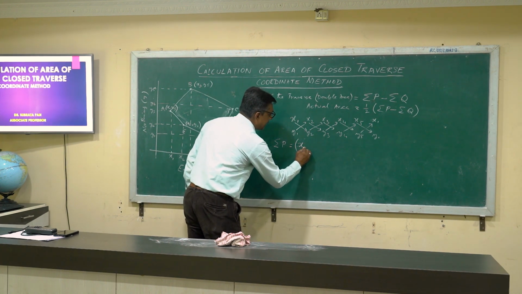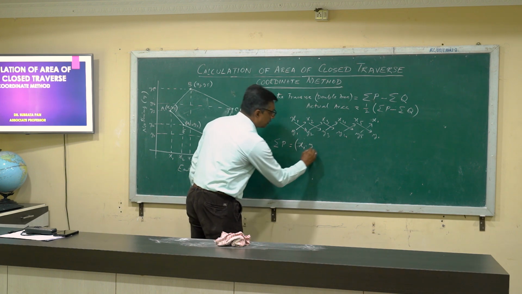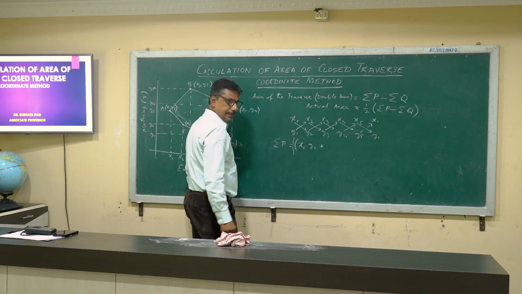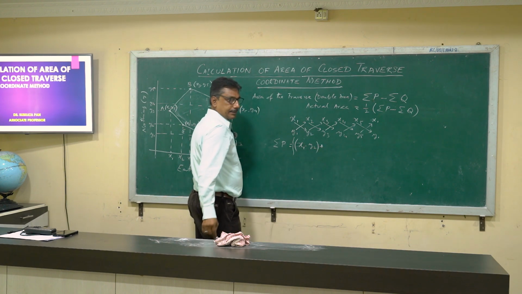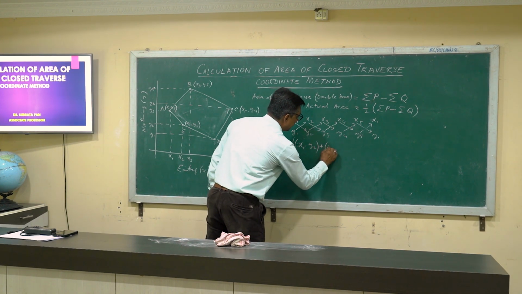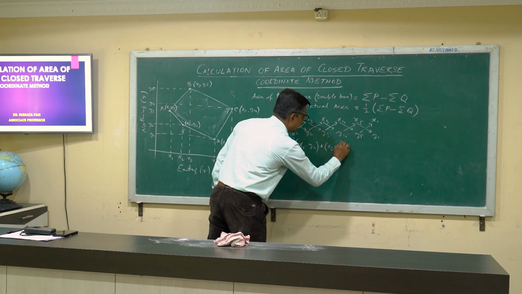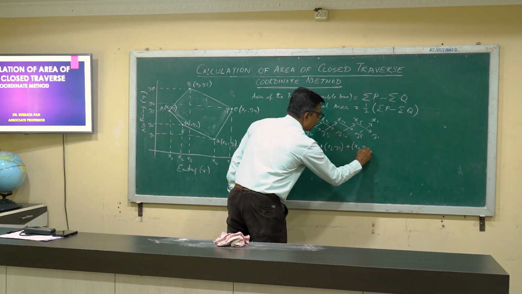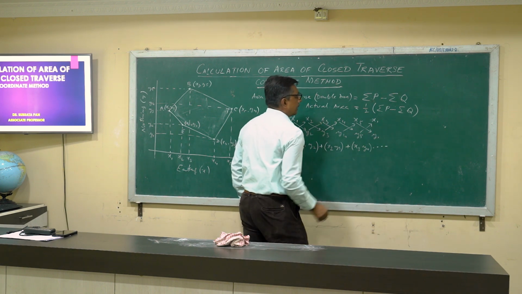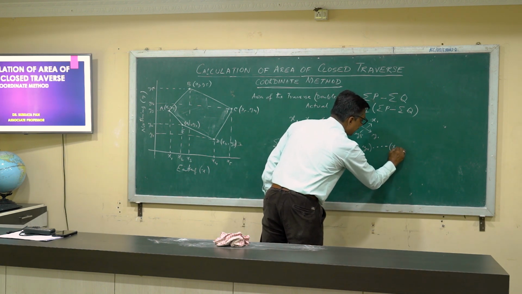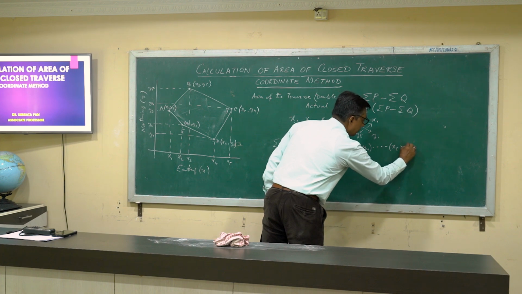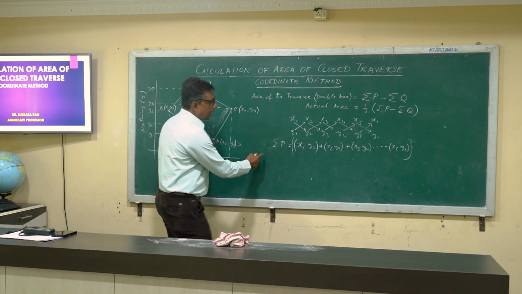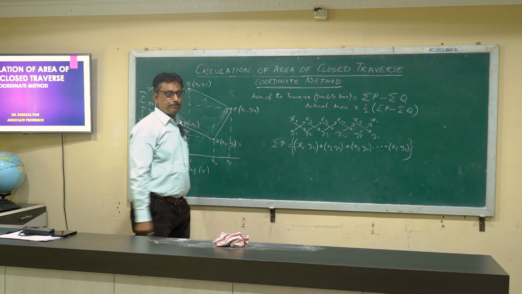So it is x1 times y2 plus, you can put a second bracket here, x2 y3 plus x3 y4 and so on, finally x5 y1, second bracket closed. This is how we can calculate summation p.